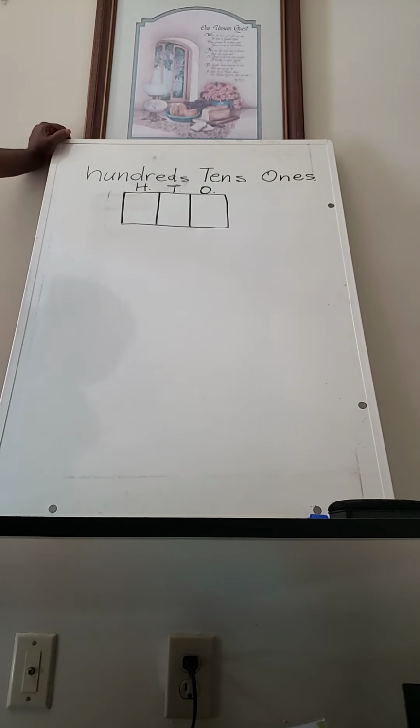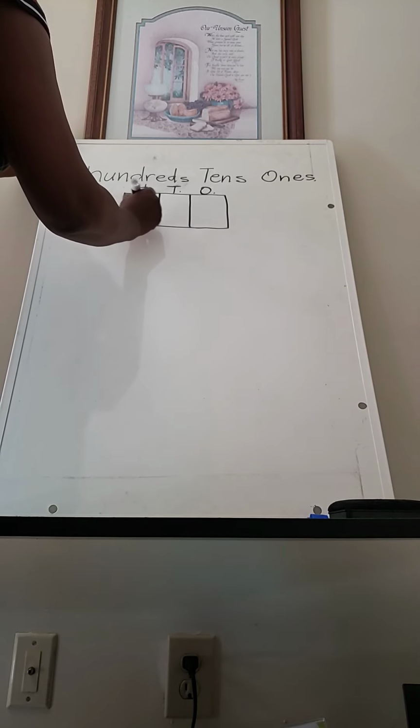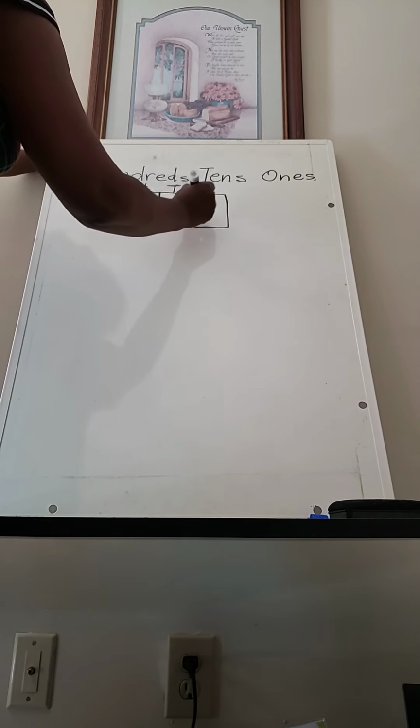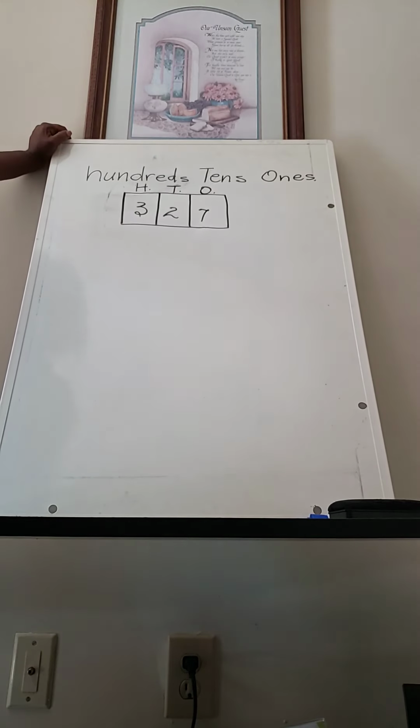Now let us say we are writing the number 327. Let us think of the expanded form. Remember that when something expands, it means it gets bigger. So what we're doing is writing 327 in a long form, expanded form.